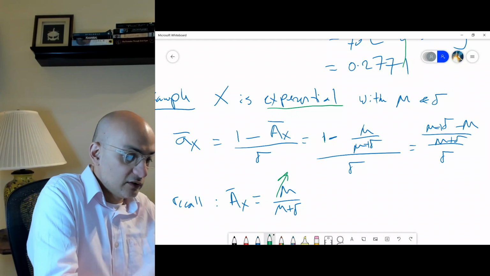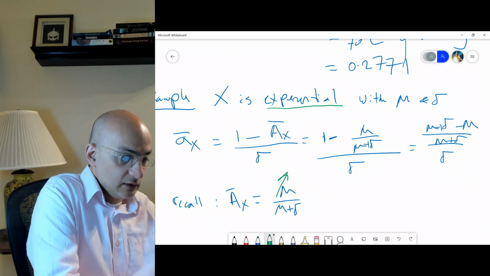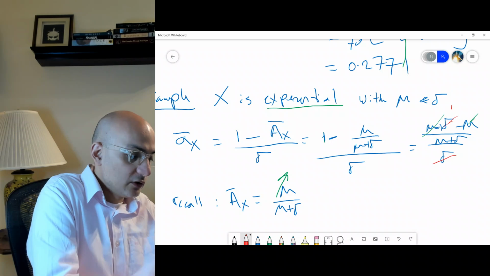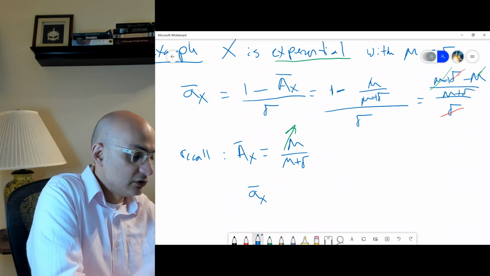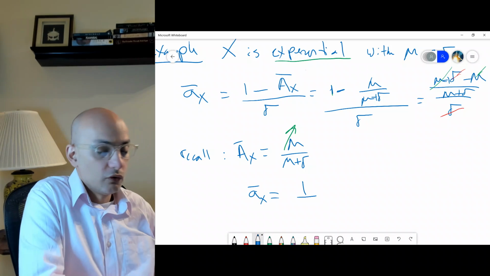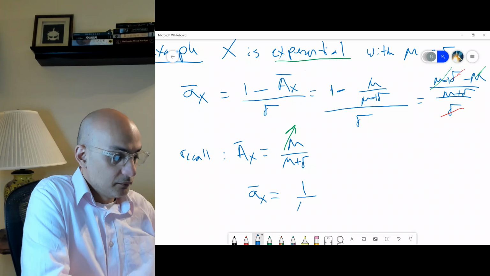Now let's cancel this one, plus and minus cancel out. Now this one cancels out with this one, we are left with 1. So what is left for ax for exponential distribution is 1 over mu plus delta.